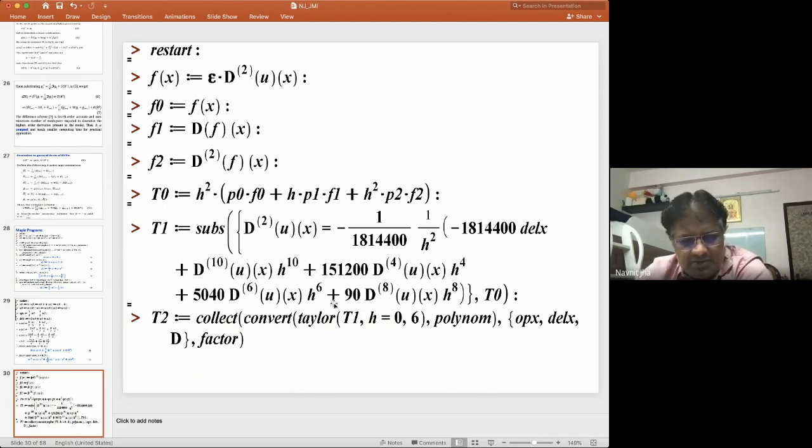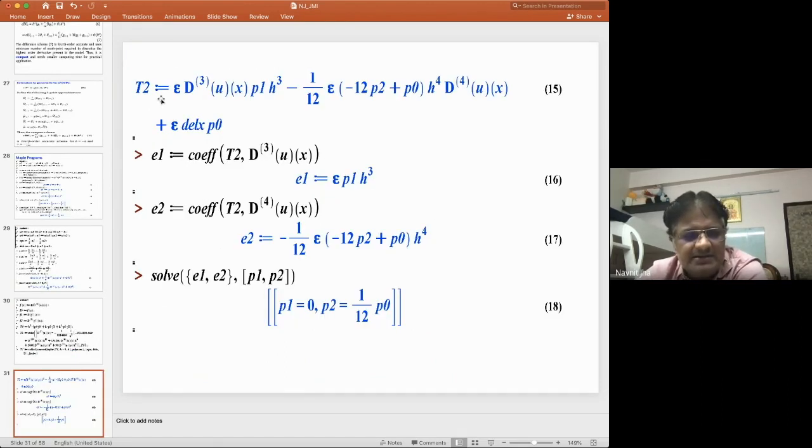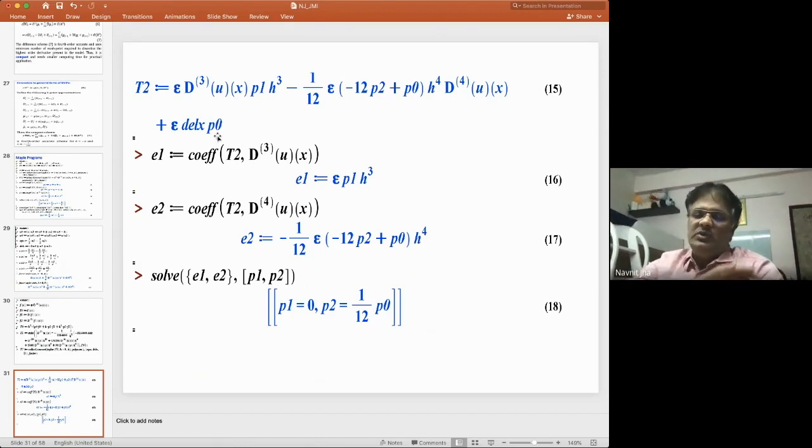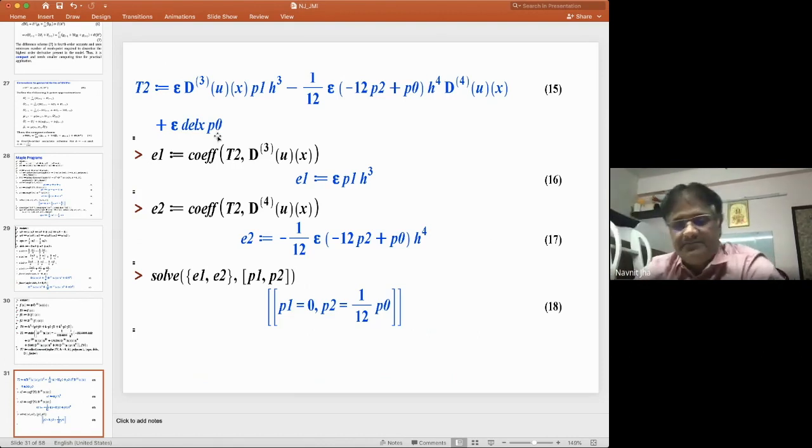Now, after substituting and expanding with the help of Taylor series and collecting all the terms of del x, we will get T2 equal to epsilon third derivative times p1 h cube minus this coefficient h4 plus epsilon delta x p naught. Now, we intend to remove all the terms except the operator terms. So here the operator term is epsilon into delta x p naught.